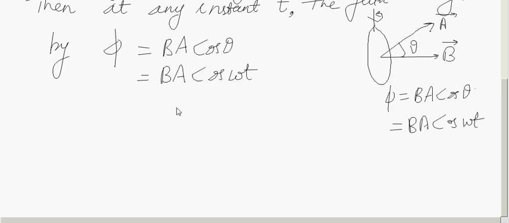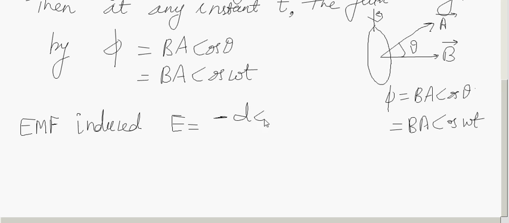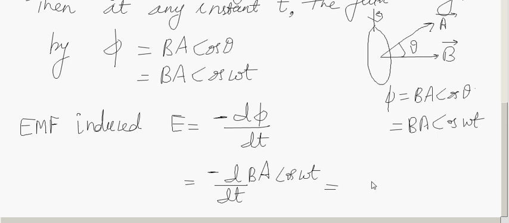The EMF induced in the coil is given by E equals minus d phi by dt, which is minus d by dt of BA cos omega t, or minus BA into d by dt of cos omega t.